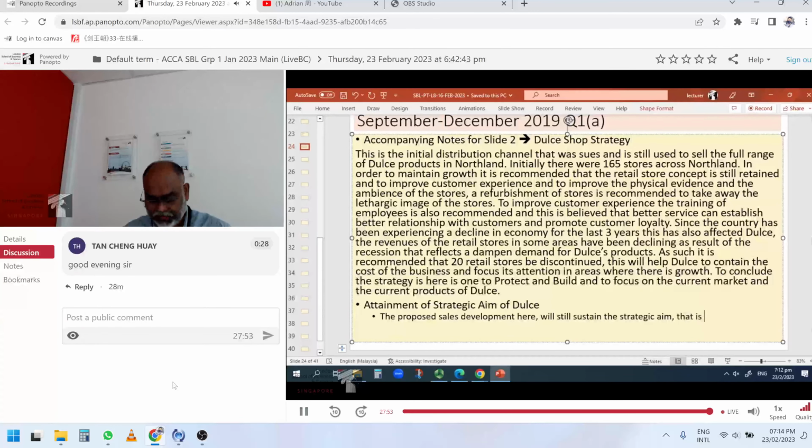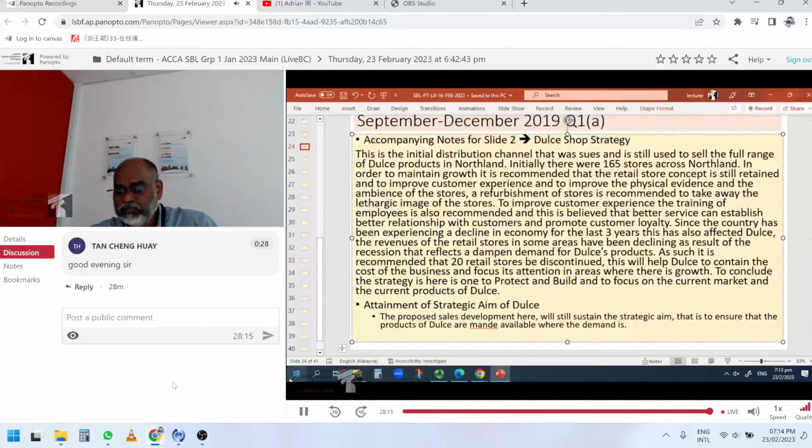That is to ensure that the products of Dulce are made available where the demand is. Are made available where the demand is. Right or not? Okay. It will.